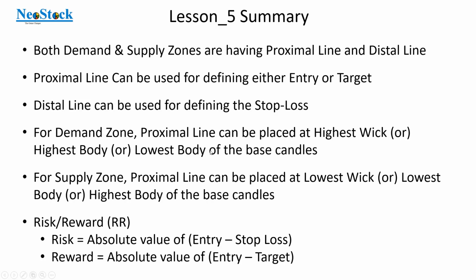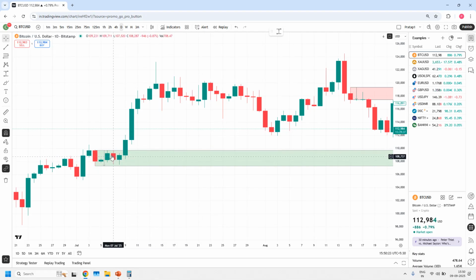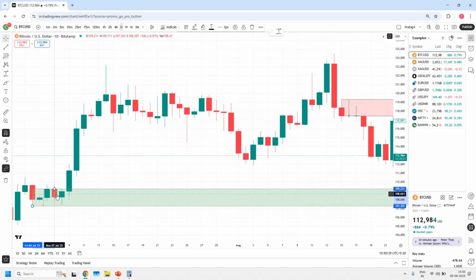This is type 3 proximal. So now I have drawn type 1 proximal, highest wick of the base candles. If I want to go to type 2, among all the 4 base candles, which one has the highest body? So here we have the highest body of the base candles.